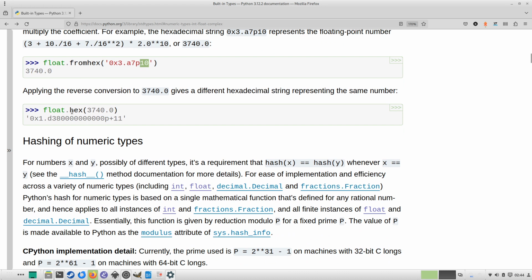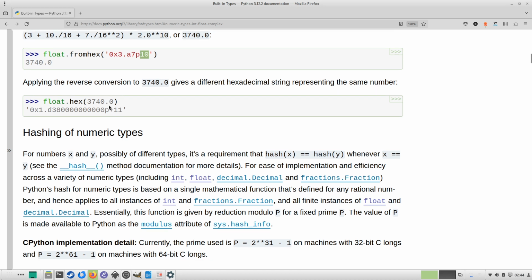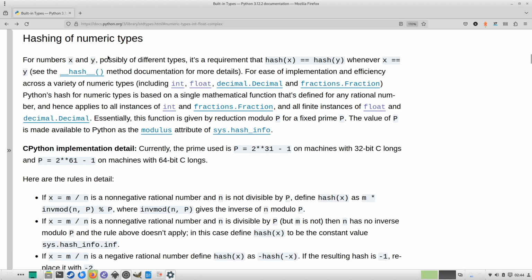If you convert it from float to hex, then it will be 0x1.d38000p+11. Applying the reverse conversion to 3740 gives a different hexadecimal string representing the same number, because of loss of characters.